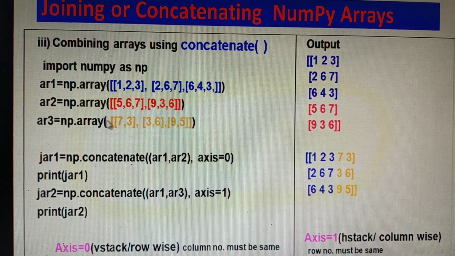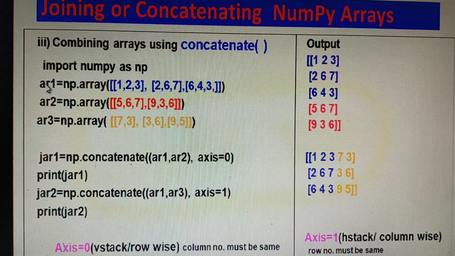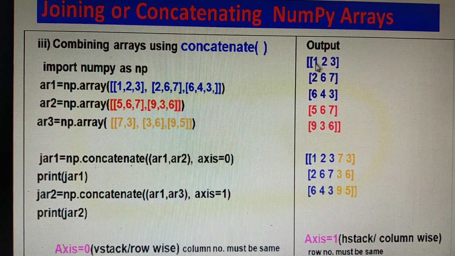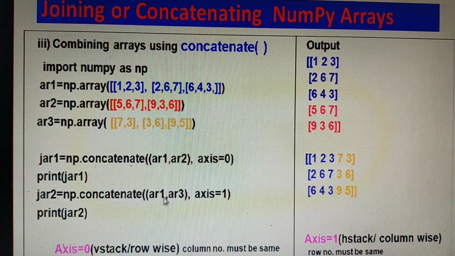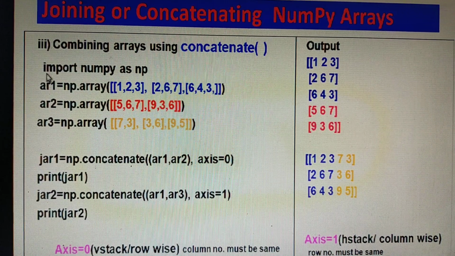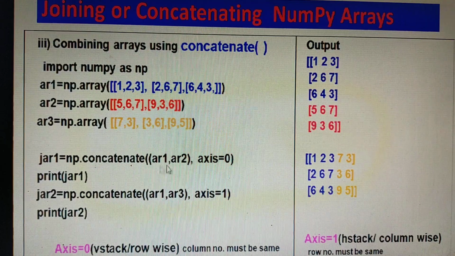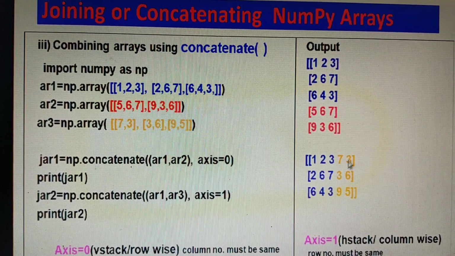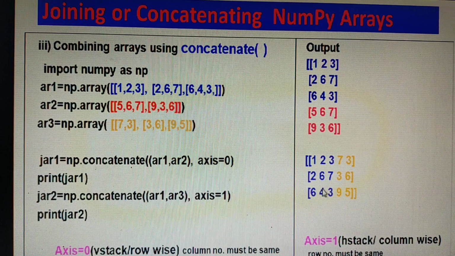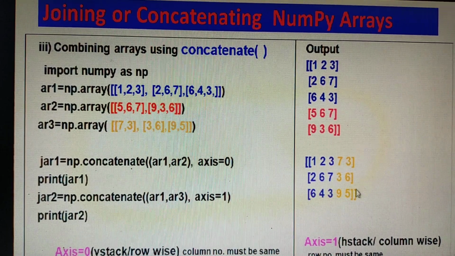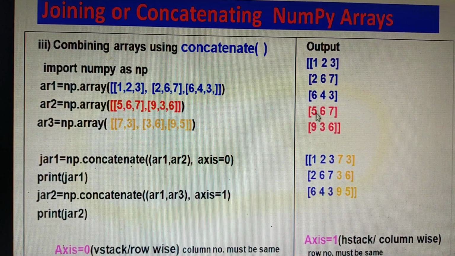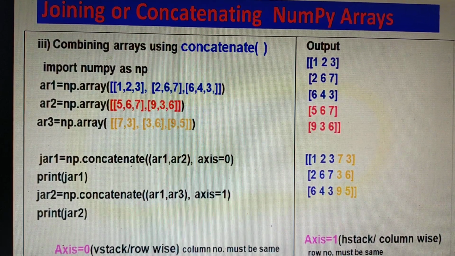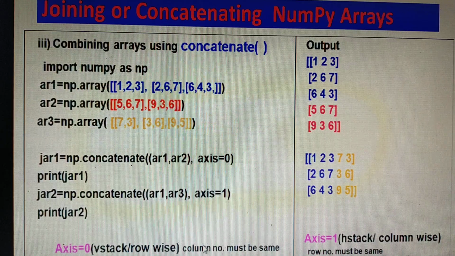So concatenate can add array 1 and array 2 on axis 0, so vertically it will add. And concatenate 1 and 3, these 2 arrays are added on axis 1, that adds horizontally, column wise. It will add row wise, it will add column wise. Here it is written already.